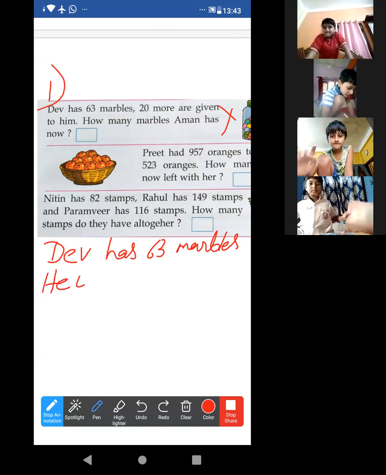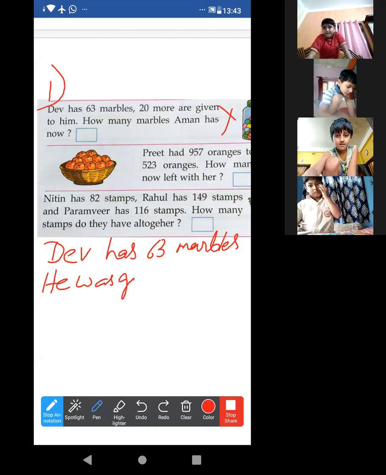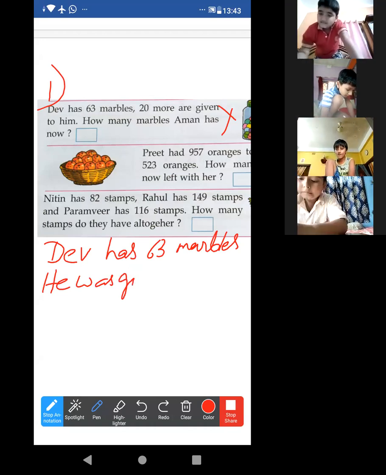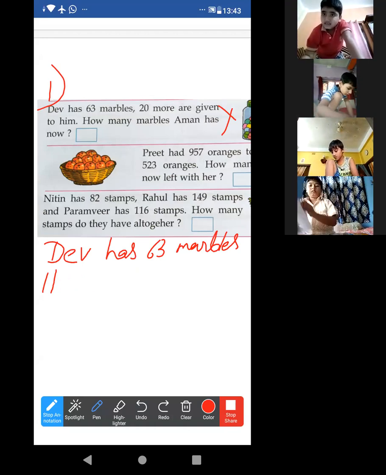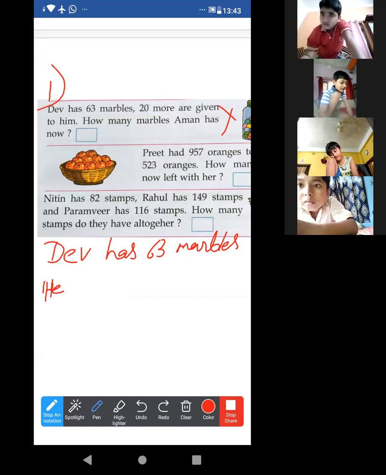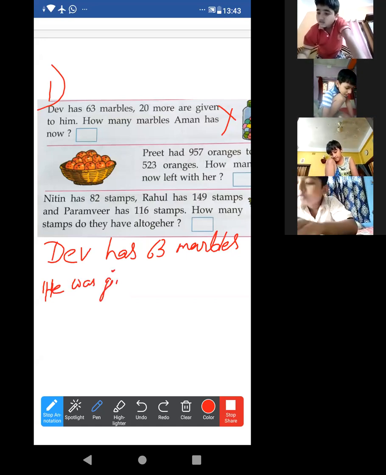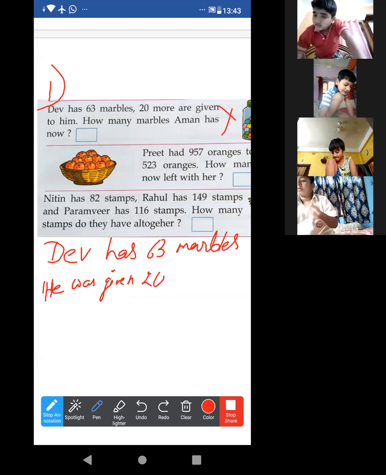Next, he was given 20 more marbles. You have to write only in one line, okay?